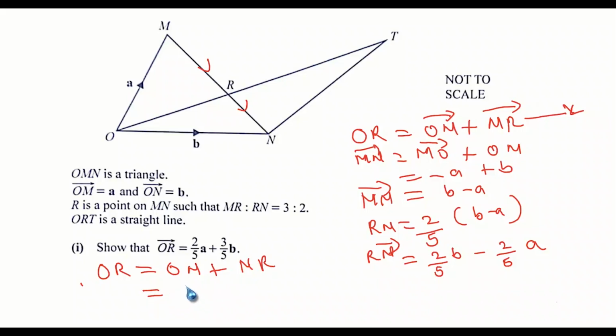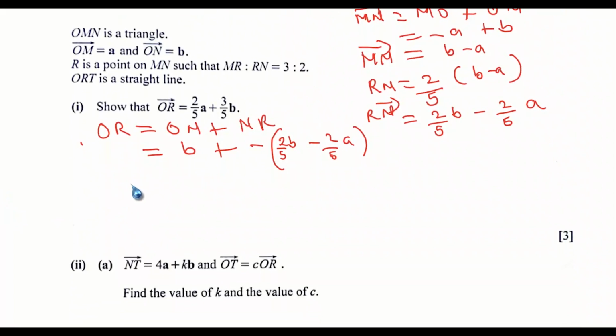So ON is b, then plus NR. We don't have NR here, we have RN, so it will be minus into bracket 2/5 b, then minus 2/5 a. If we simplify that, we're going to get OR equal to b, then minus 2/5 b, then plus 2/5 a.